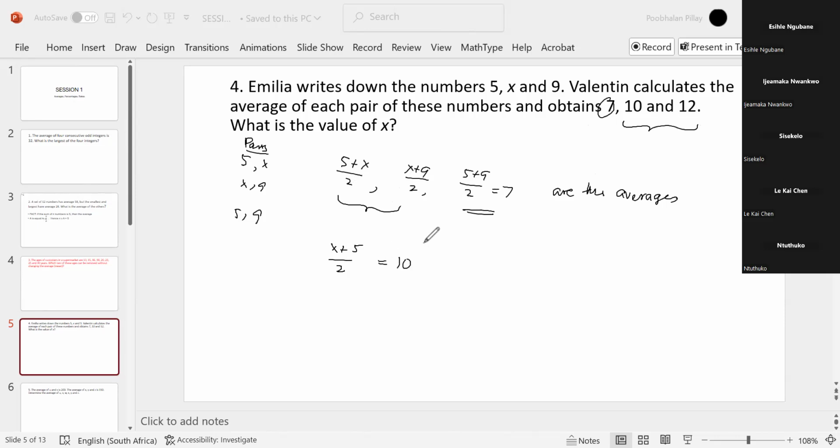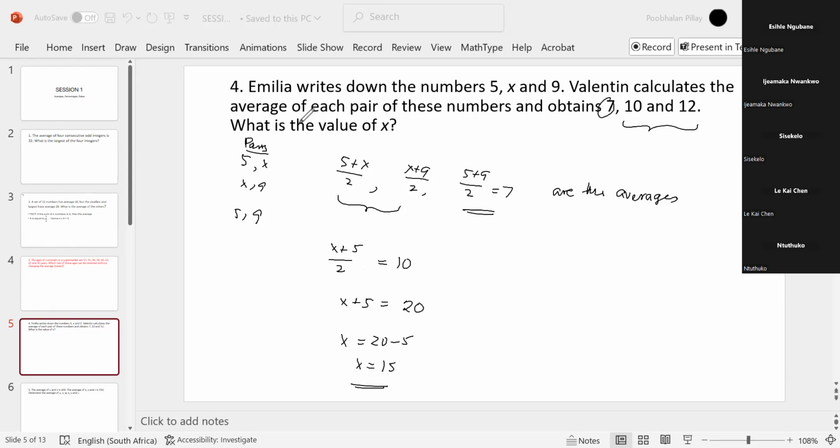So immediately you have an equation. Half of x plus 5 is 10, so x plus 5 will have to be 20. Or you can say x plus 5 is 2 times 10, cross multiply. Then x is equal to 20 minus 5. Therefore, x is equal to 15.